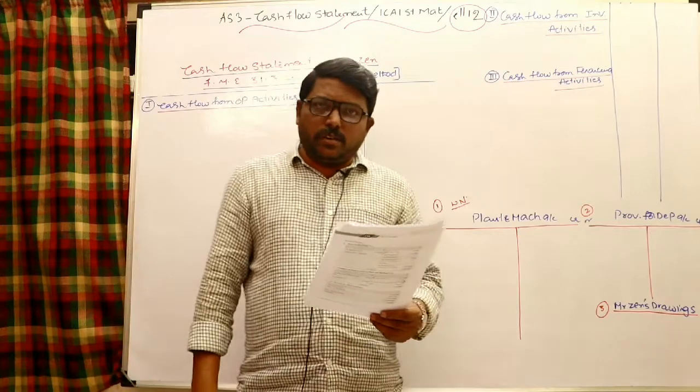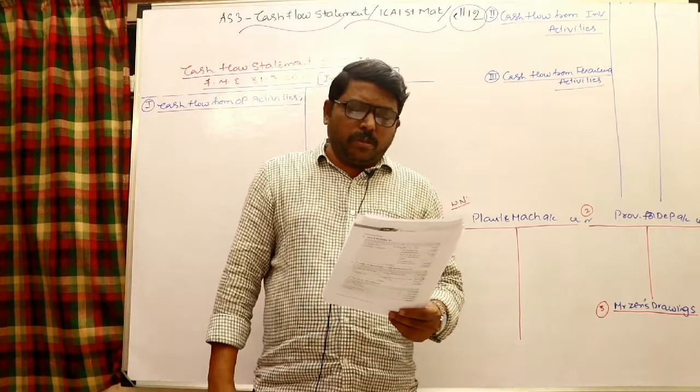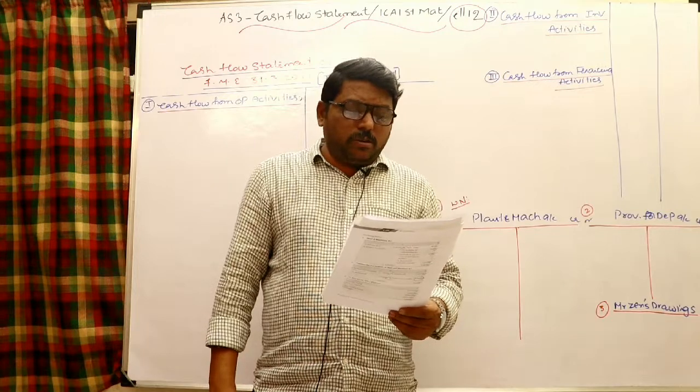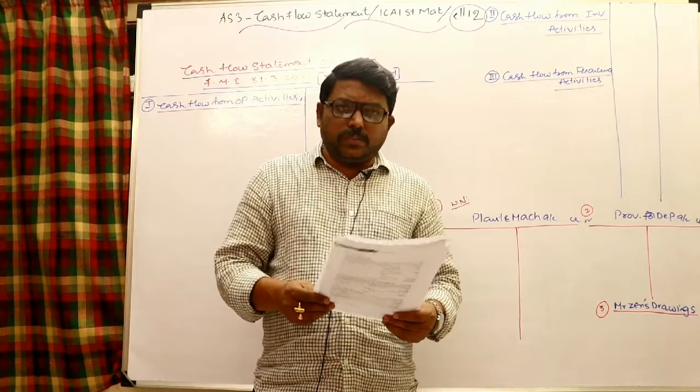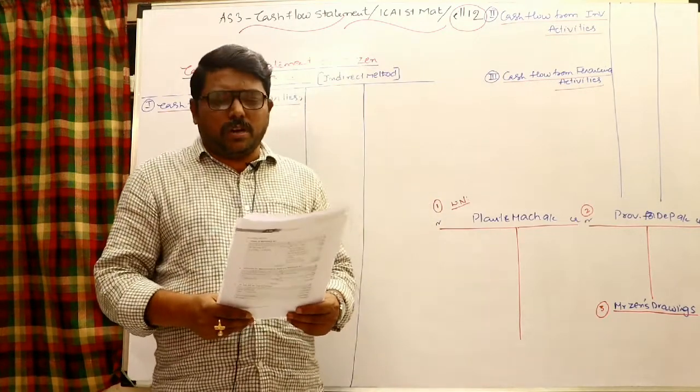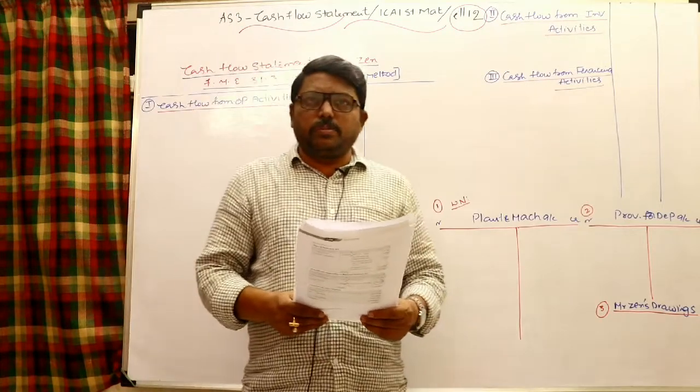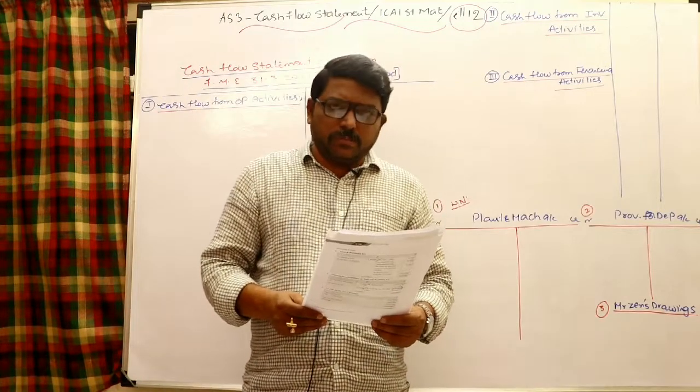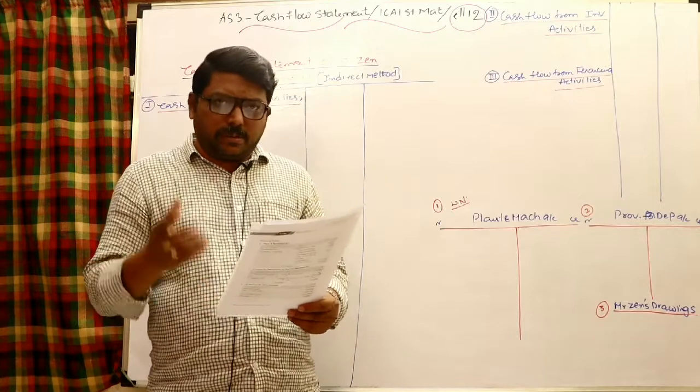Mr. Jen is a sole proprietorship business, and you are given opening and closing balance sheets. In the given sum, you can work out the operating activities by the indirect method, but not by the direct method.